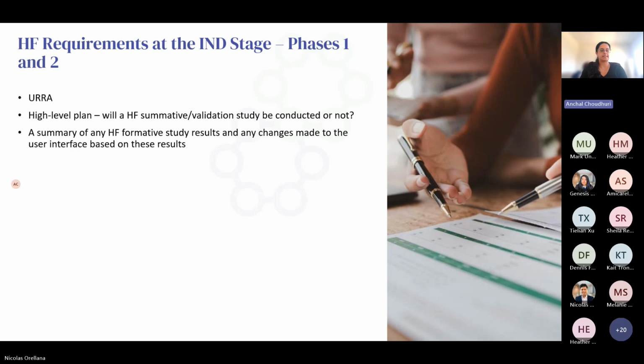And if you are not, then you need a justification for why you wouldn't be conducting the study if there are any critical tasks identified.